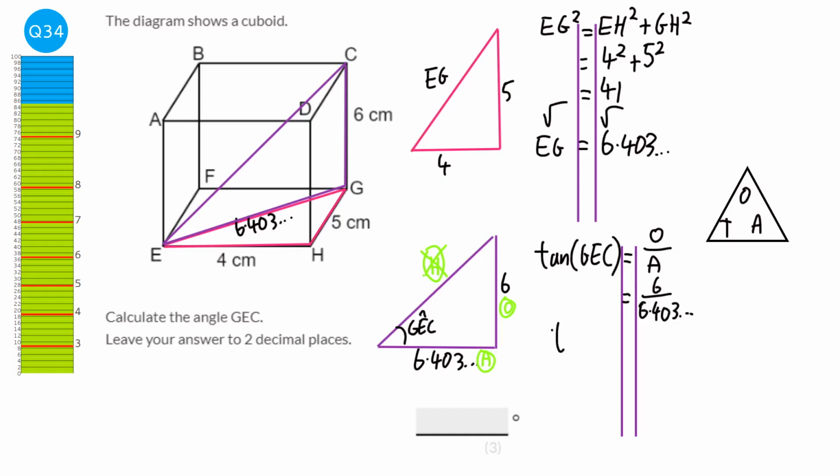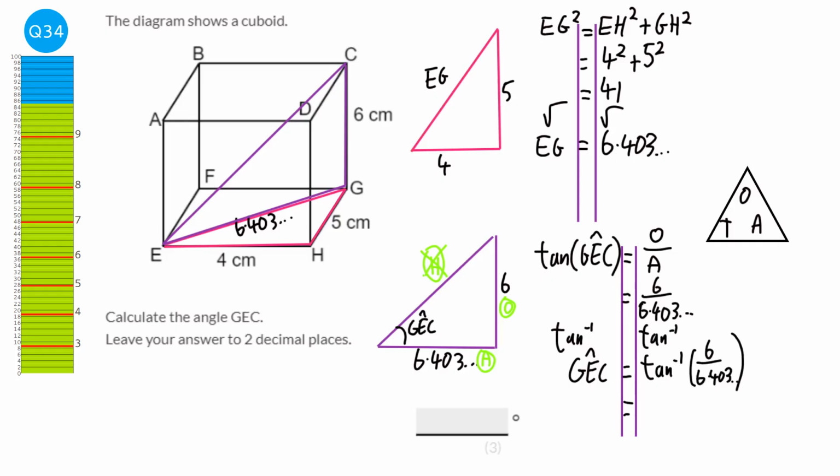I'm going to inverse tan both sides to get rid of that tan, and so that would just leave angle GEC. I normally just put a little thing there to show it's an angle, and we're going to inverse tan the 6 over 6.403.